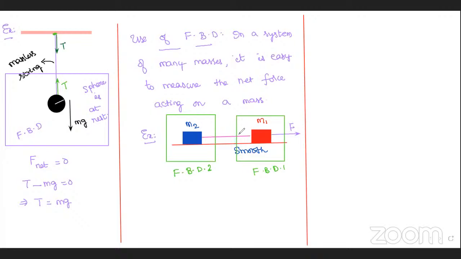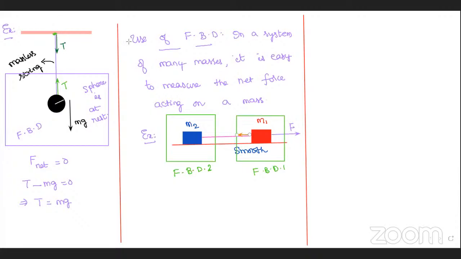Left. Very good. So it will be towards left. So that tension here I am taking. Here the tension is towards left. Yes, this is tension.